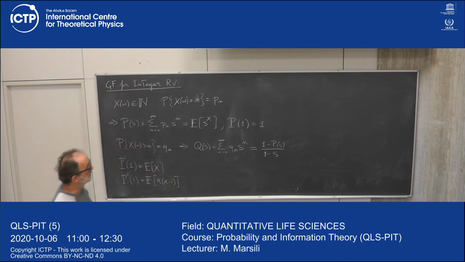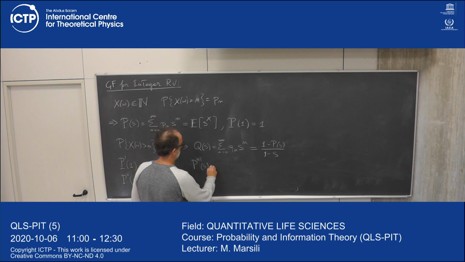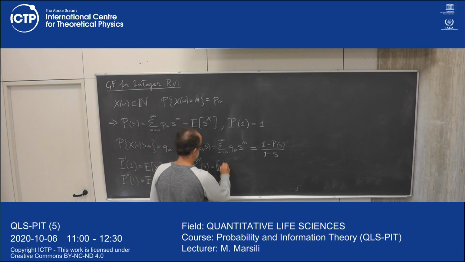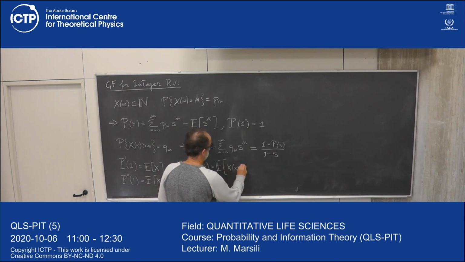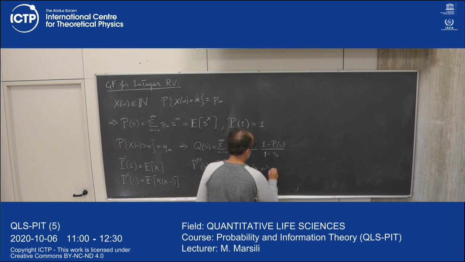And so if you take k derivatives of the generating function in s, then this will be the expected value of x times x minus 1 times etc. times x minus k plus 1 times s to the x minus k.